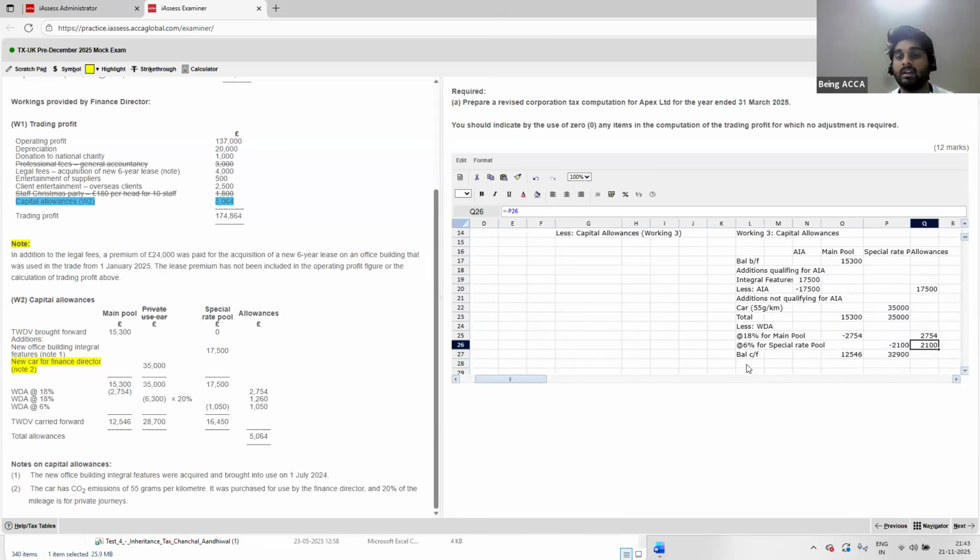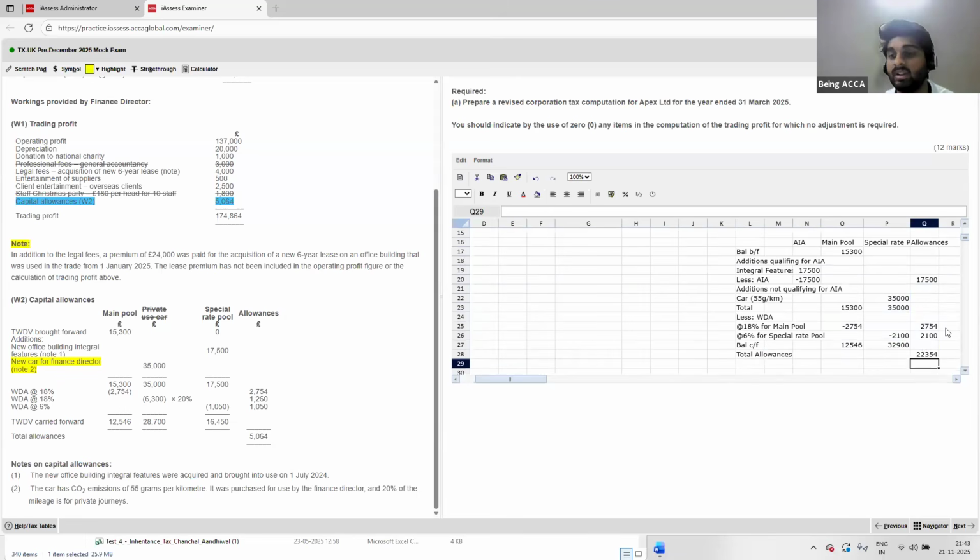So giving us total allowances, which would be the sum total of this column, where you sum all the allowances that have been calculated so far. One is the AIA that was available. Next is your writing down allowance on the main pool. Next is your writing down allowance on your special rate pool, giving a total of 22,354.